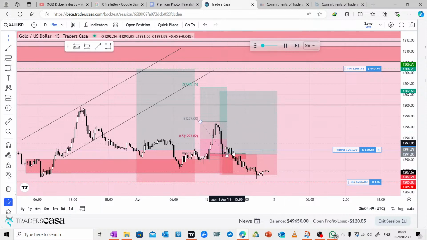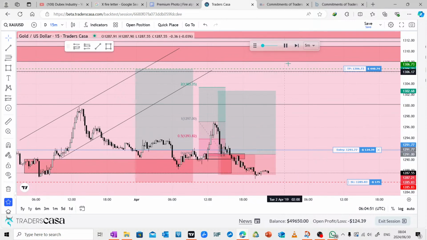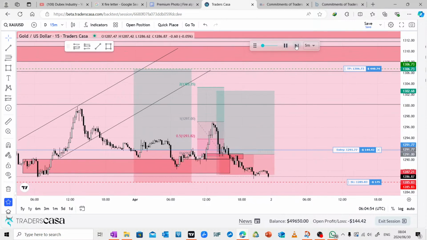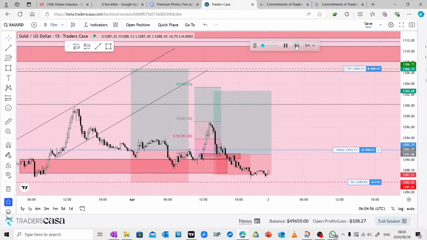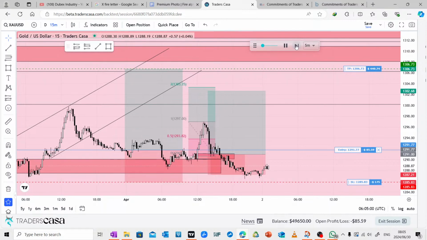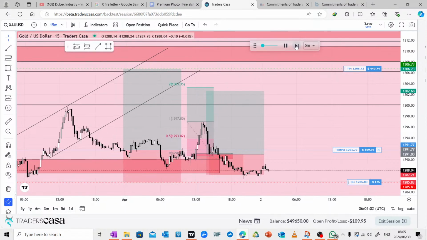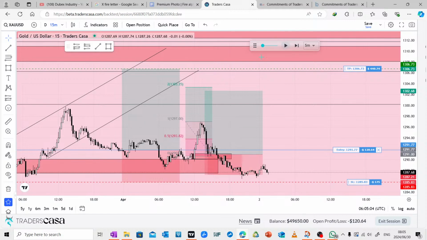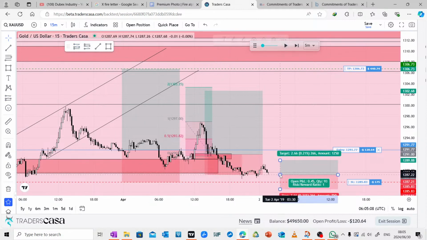So I want to see a change of character right there, and then we buy. There's our change of character. Let's wait for the retracement. As the retracement, boom, pause right there. Go long again.